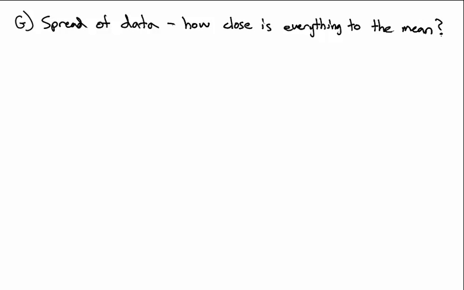If everything is grouped really close to the mean, that means one thing. That means the data is pretty consistent. If everything is spread out wildly and unpredictably, that means something else about our data. And so to help us measure this, we use something called the standard deviation.